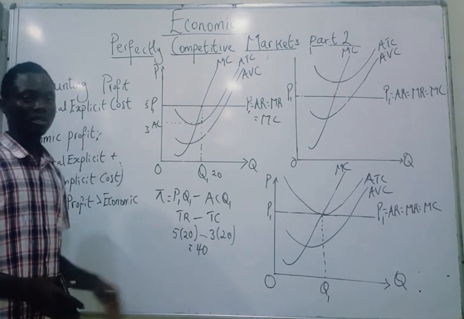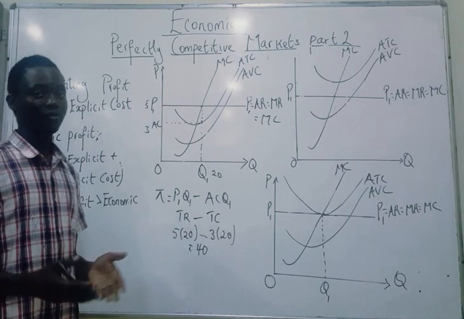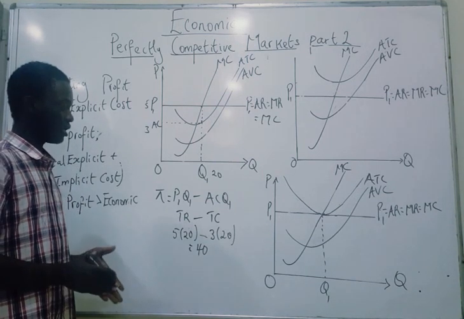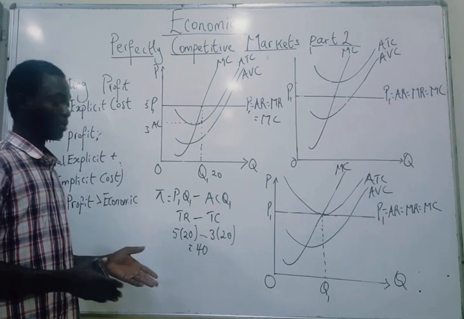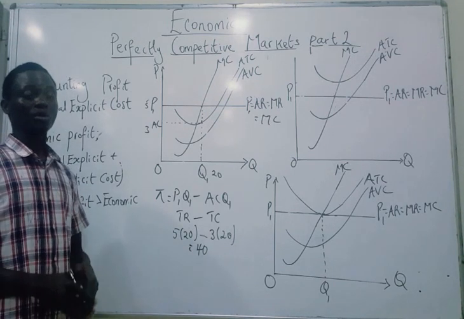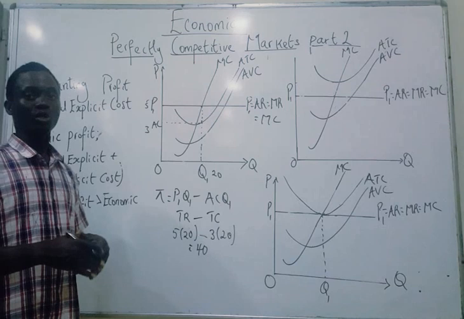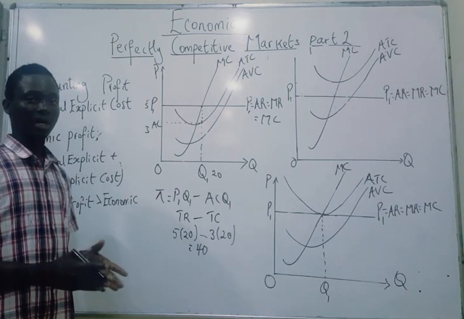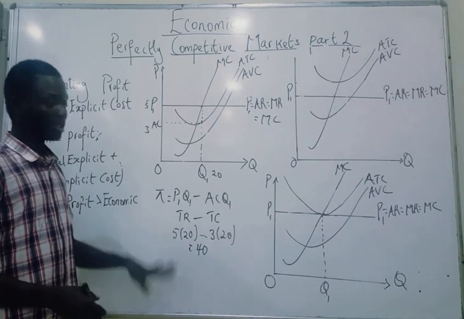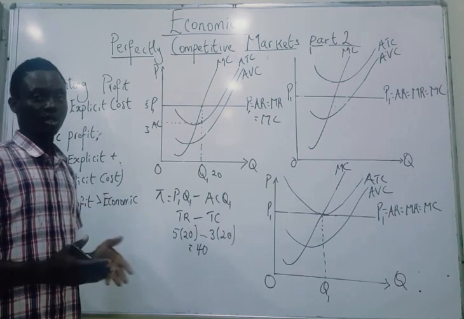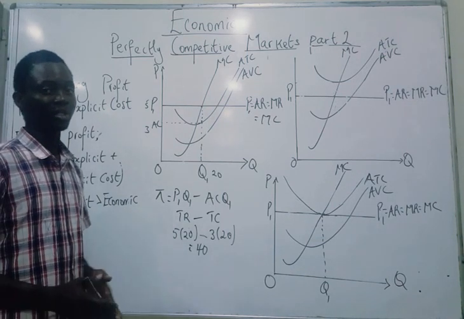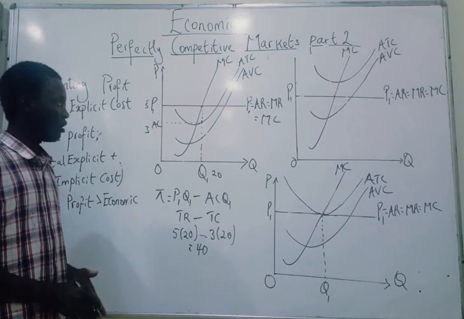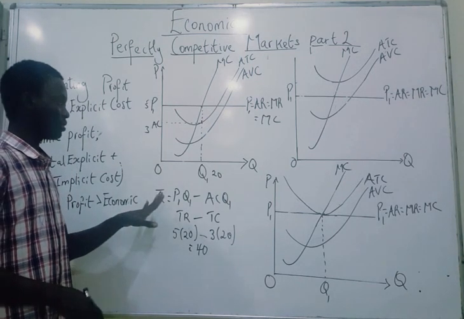This could also be called supernormal profit, excess profit, or abnormal profit. So don't be deceived no matter what the adjective is. Whether we call it positive economic profit, supernormal profit, abnormal profit, or excessive profit, it is the same thing. So that's about this particular case.